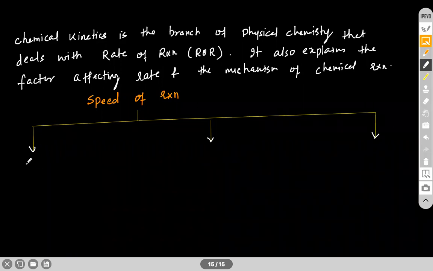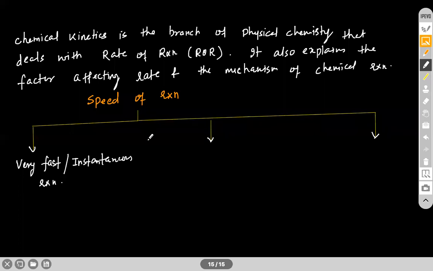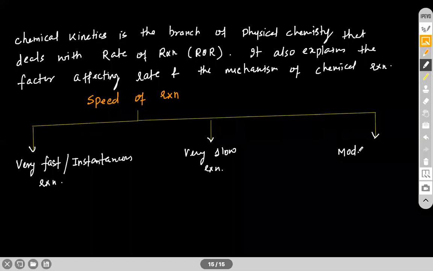The first one is very fast, or we also call it instantaneous reaction. The second one is just opposite of it, very slow reaction. And third one is the reaction which proceeds with moderate speed, and we call it moderate reaction. Not very fast, not very slow.